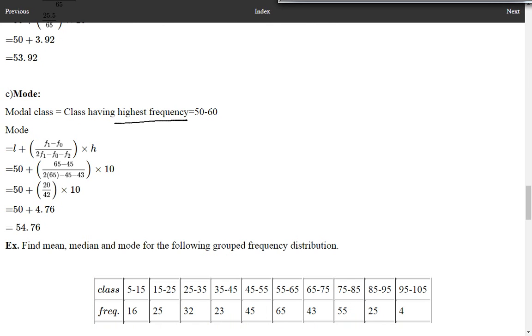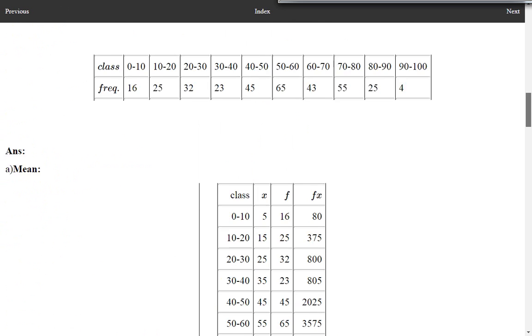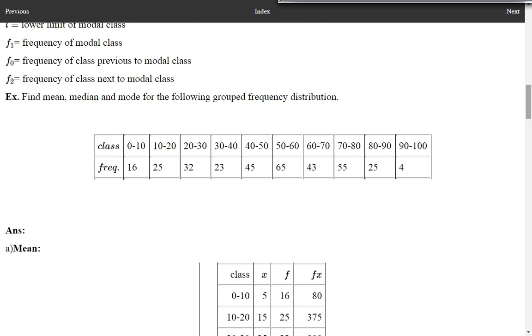Let us go through all the frequencies which are given. The highest frequency is 65 and the modal class is 50 to 60.